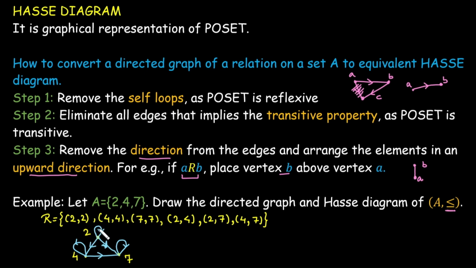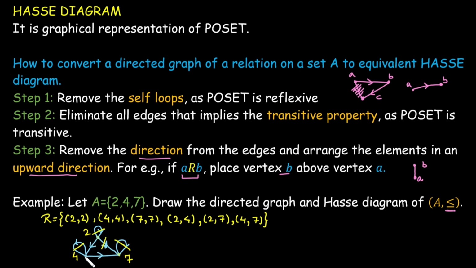So after removing the self loops and finding the transitive edge, 2 is related with 4, 4 is related with 7, it means we need to remove this transitive edge. Now go to step number 3. We need to put these elements in an upward direction.